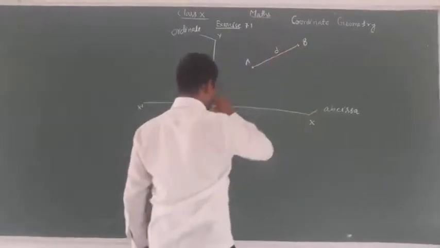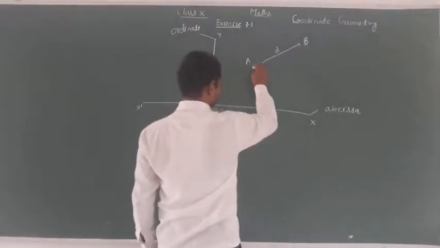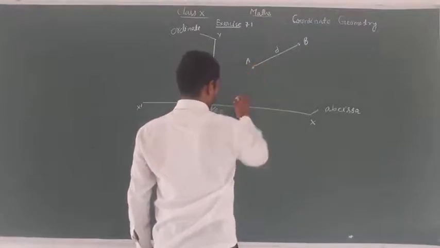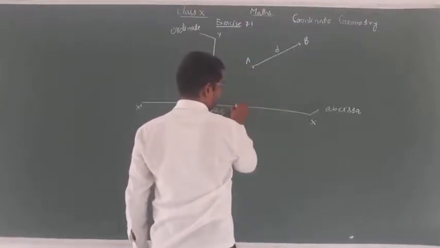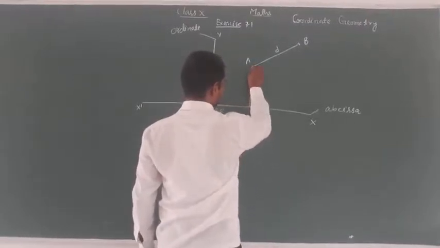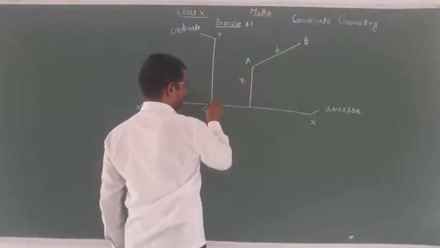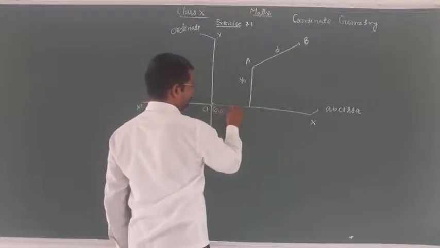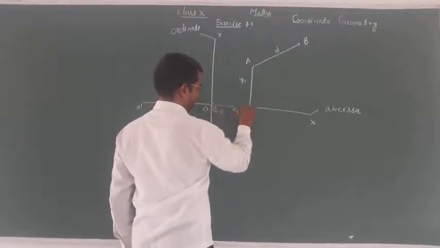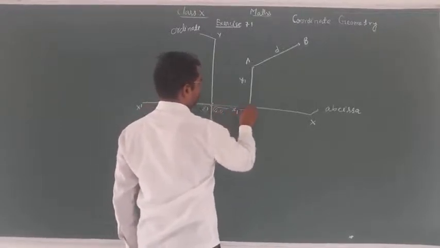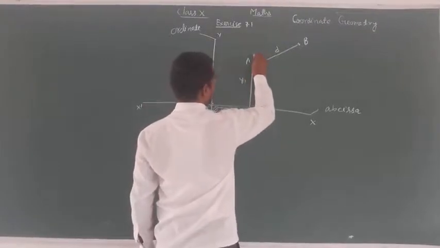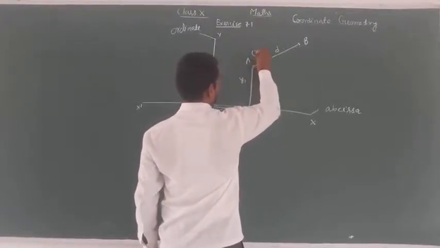This point's distance from the x-axis is y1 and its distance from the origin is x1, so the coordinates of this point are x1, y1.